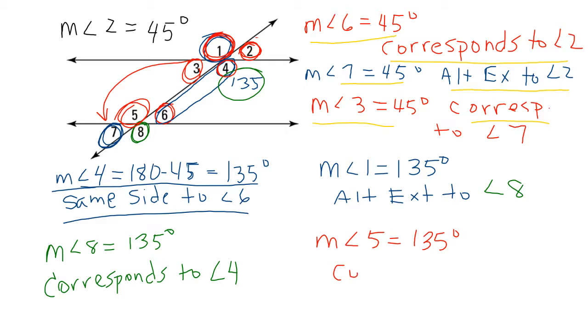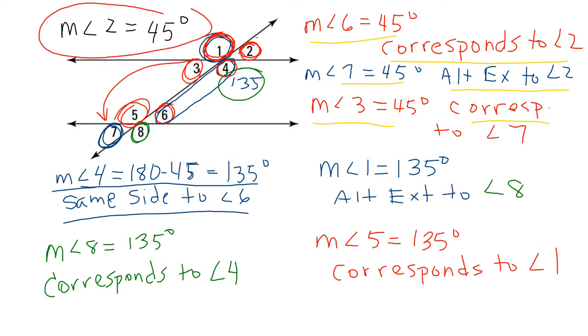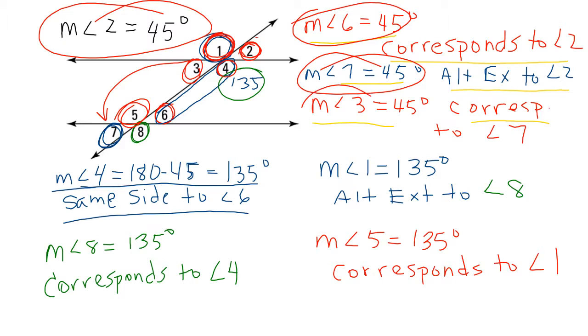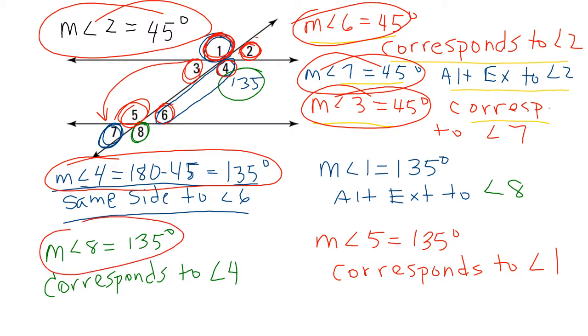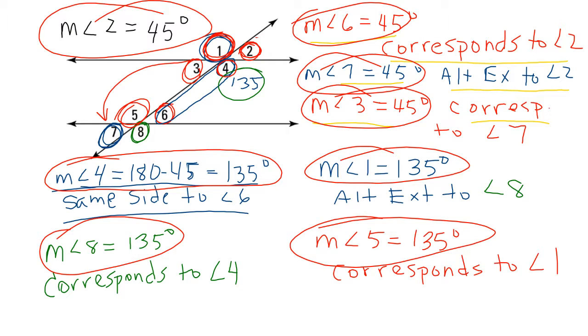Because it corresponds to angle 1. So there are all 8 angles. There's the given one, that's 1, 2, 3, 4, 5, 6, 7, 8. A reason to justify each one.